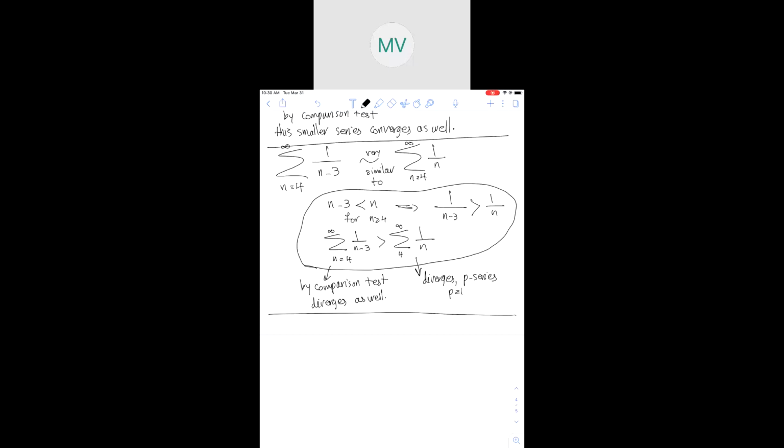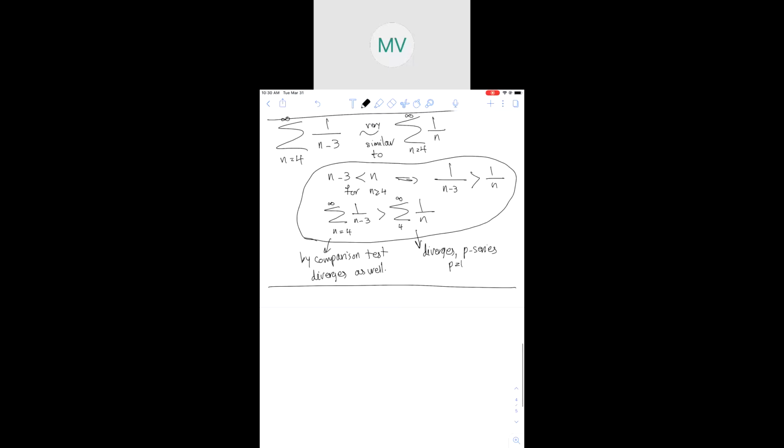As long as you identify the series you want to compare the original with, all you have to do is take a limit, and then you make your judgment. So this is how it works. Theorem. So that one was comparison. This is limit comparison. Basically, again, the name is self-explanatory. You're comparing it using a limit, and I'll explain how it works.